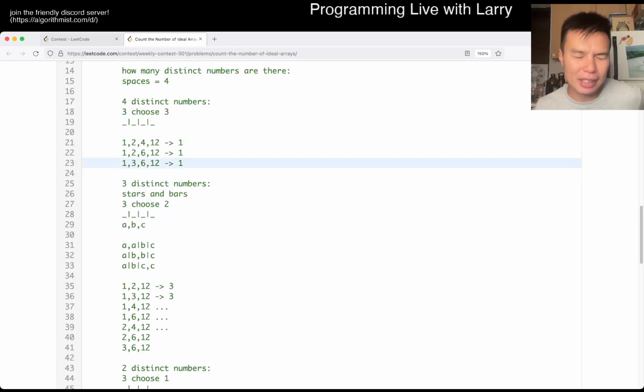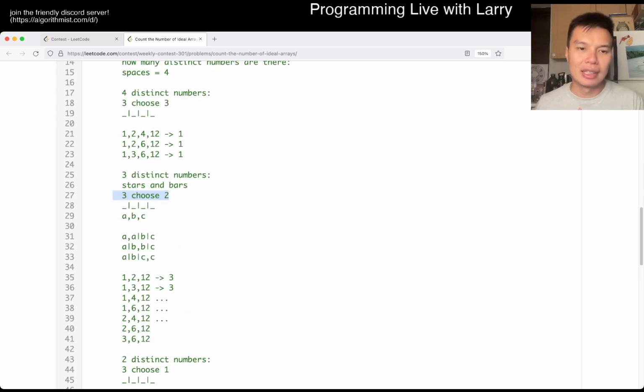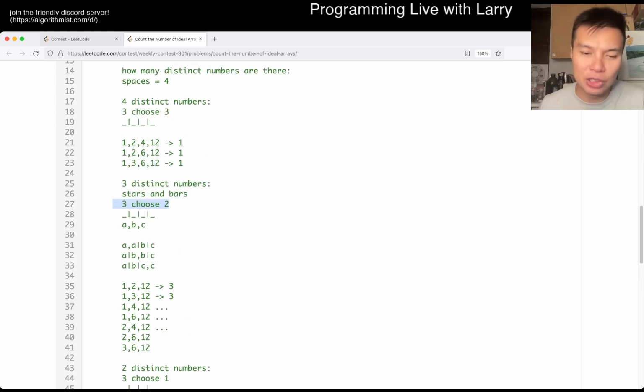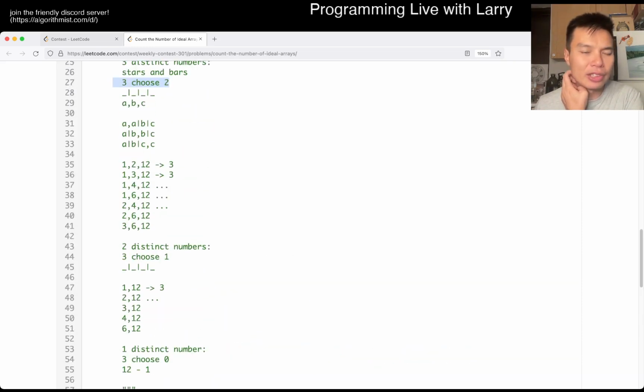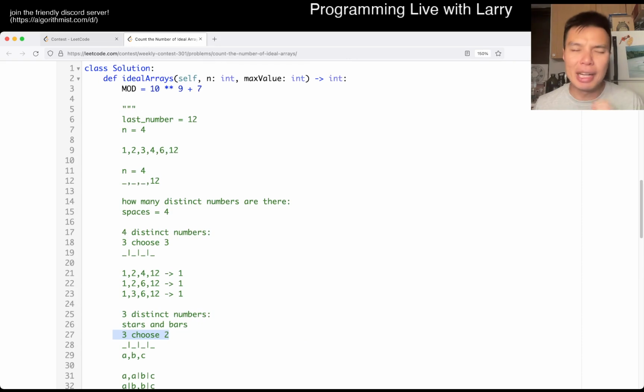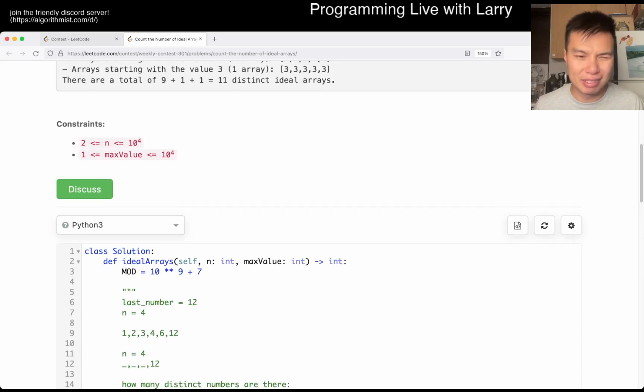So here, as we said, because we have 3 choose 3, 3 choose 2, that's easy. So now the question is, what is the observation that I was talking about that allows us to solve this problem? The observation, which I actually touched on a little bit when I solved the problem, is that each number between 1 and 10 to the 4th will have at most 60 factors.